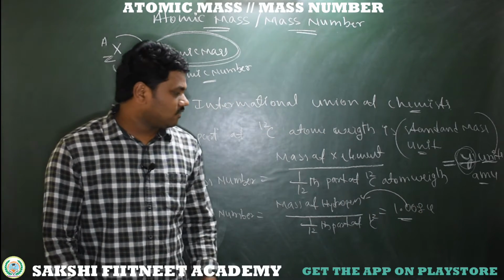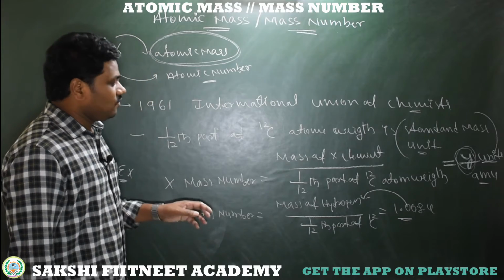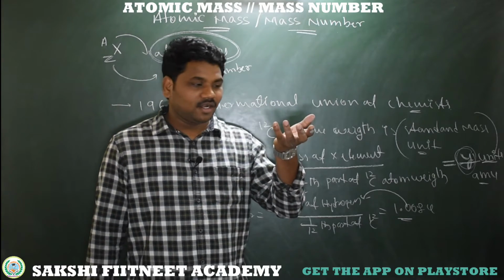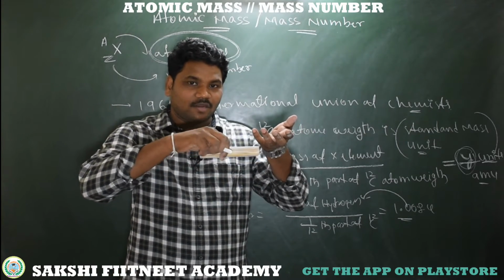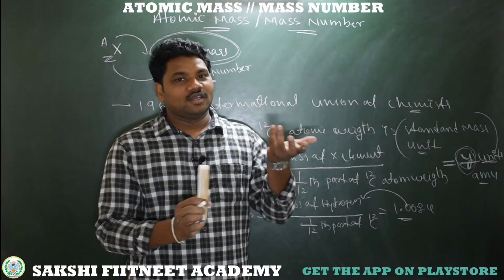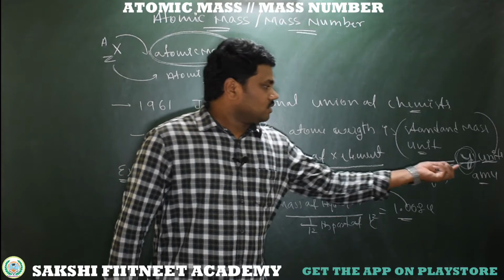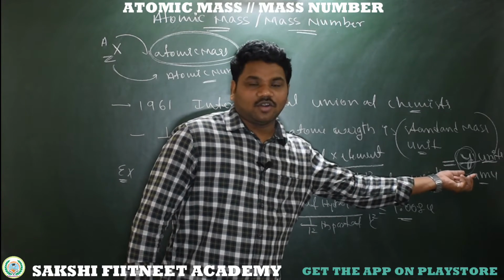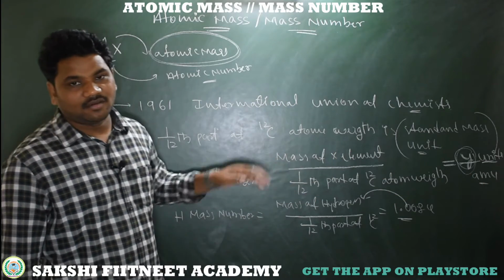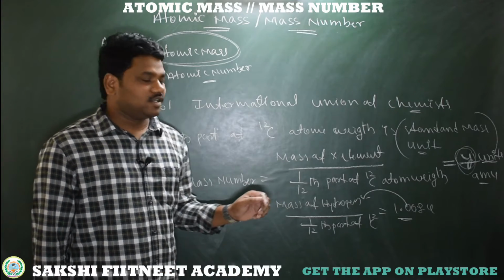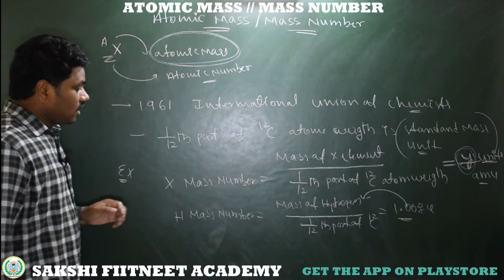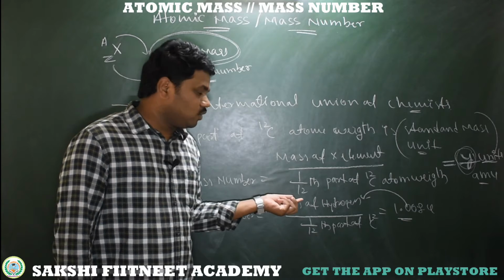Like this we are taking the weight of an element and comparing that weight with the 1 by 12th part of the C12 atom weight. We are getting that number of times, that is equal to the mass number of that particular element. So here I have a doubt, actually what is the value of this 1 by 12th part?